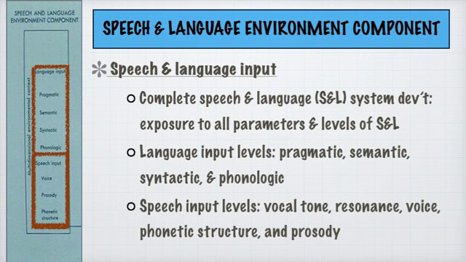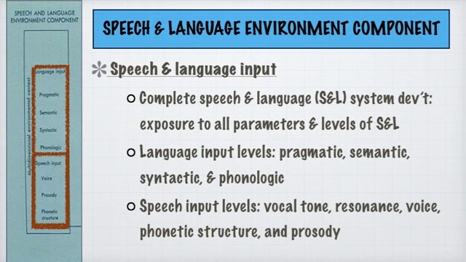In the environment, we as people have been exposed to speech and language since we were children. So this model shows that we are exposed to speech and language as we grow up, or at different moments of our life, even now.